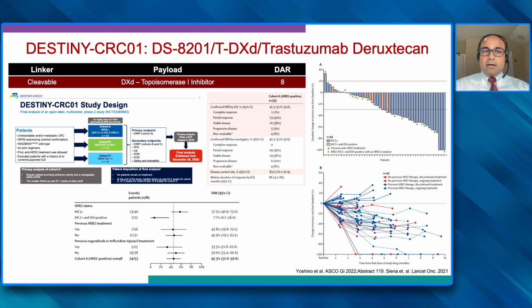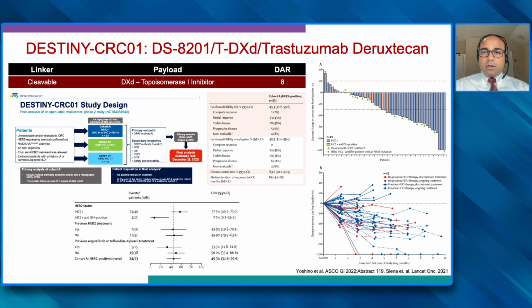This study had three different cohorts. Cohort A is what we call classically HER2 overexpressed cohorts, which are either HER2 IHC 3 plus or 2 plus and amplified cases, very similar to the definitions that we use in breast cancer and gastric cancer. And then cohorts B and C were HER2 low expressors, which were not amplified.